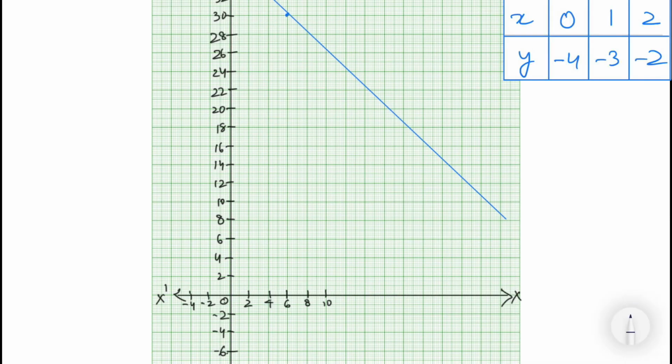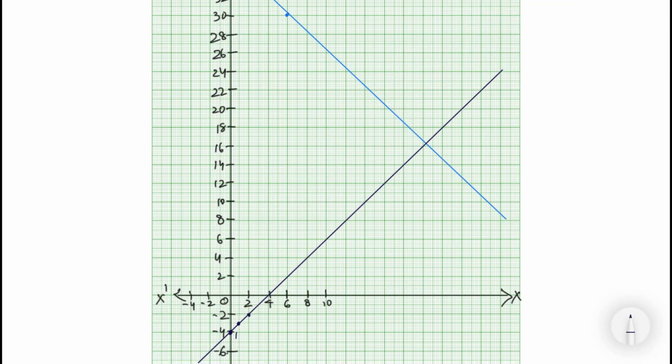For the second line, the first coordinate is 0 and minus 4. Then we have 1 and minus 3, and 2 and minus 2. I know these are very small, but you can see them in the fourth quadrant.